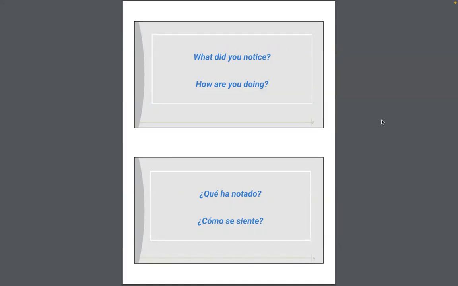And we're going to go into our first journaling exercise where you're just going to write for yourself what you noticed when you were going through that grounding exercise and how you're doing today. And that's really for you. So go ahead and pause me and then come back when you're done with that. Take about 5 minutes.